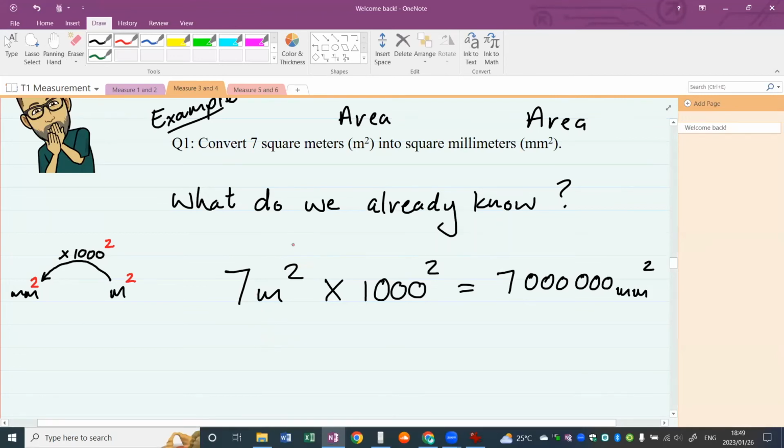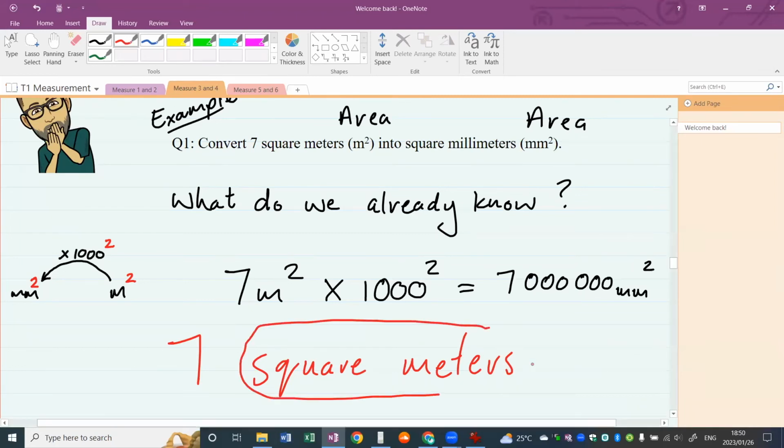So if I have to write 7 square meters in words, it's 7 square meters. So these 2 words here, square meters, that's what gives me m squared.